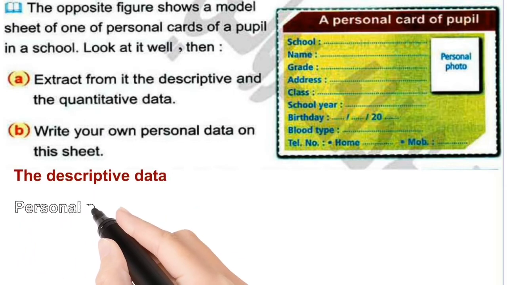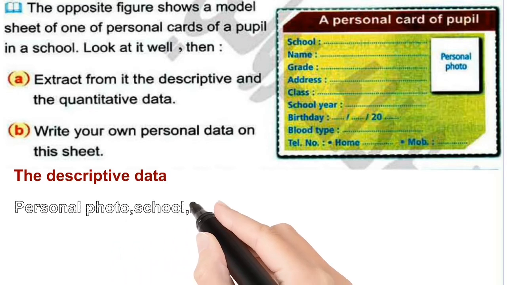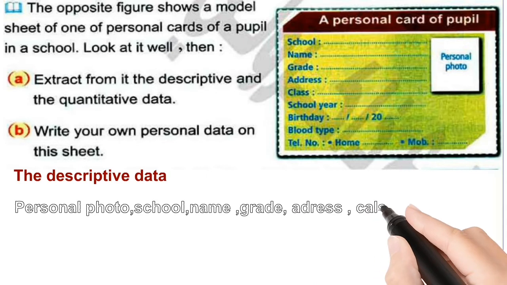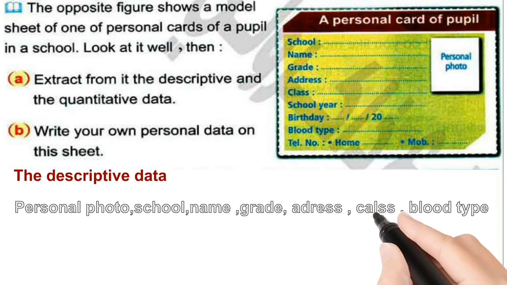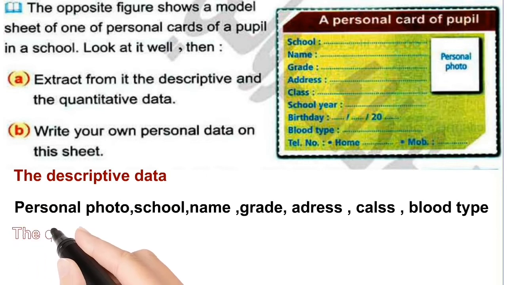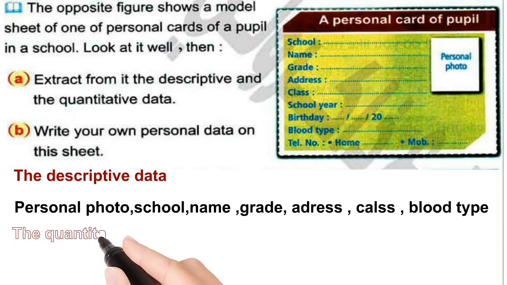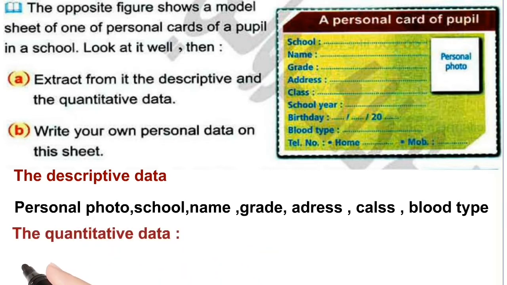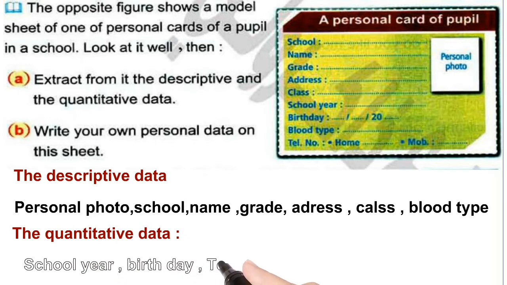Descriptive data like personal photo, school, name, grade, address, class, blood type. And now let's talk about the quantitative data. Quantitative data means I will use a number to answer, like school year, birthday, telephone number, or mobile.